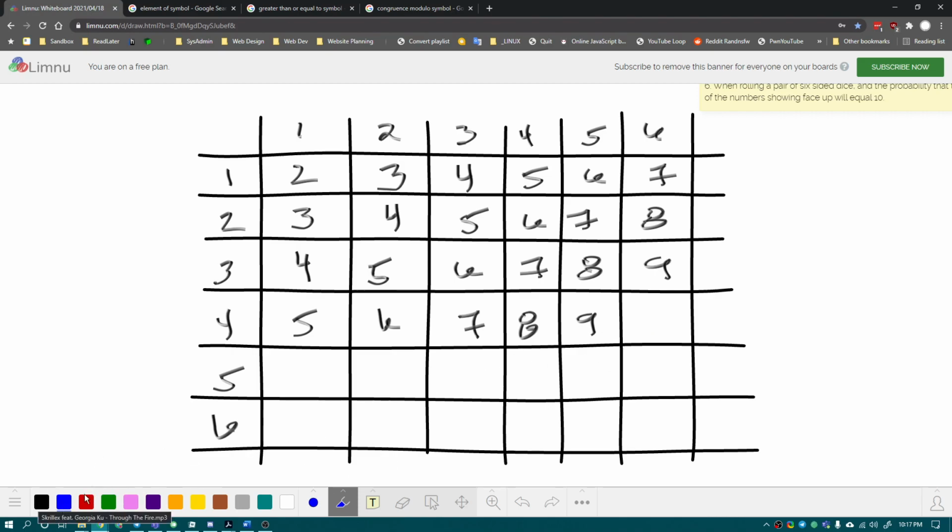Here, I'll do it this way. 5 plus 1 is 6. 5 plus 2 is 7.